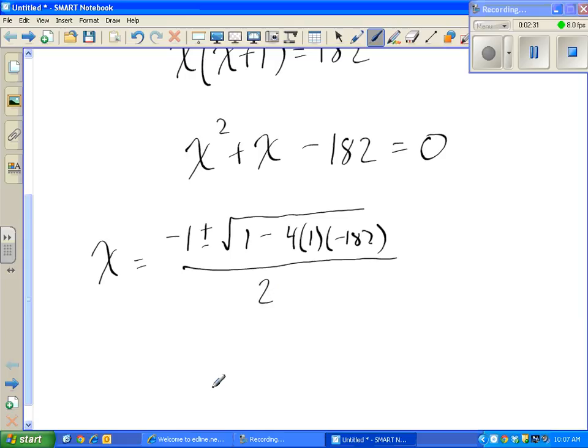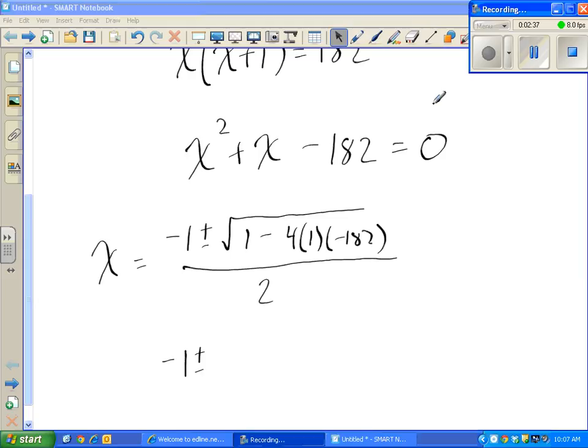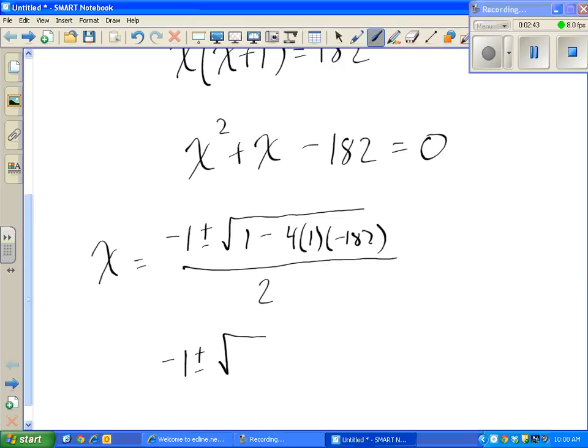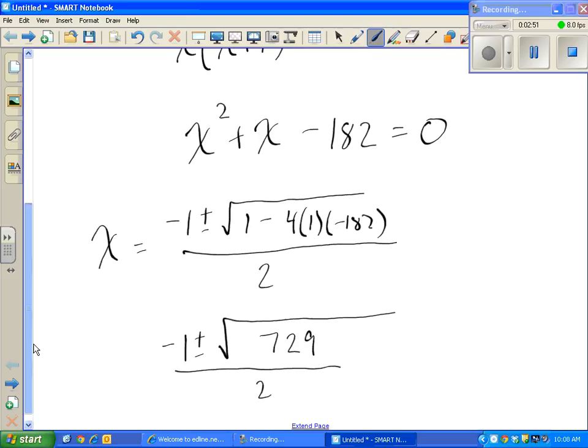That's just 2. So take your calculator, plug it in appropriately. You should get 729 in here. All over 2. And now we solve.